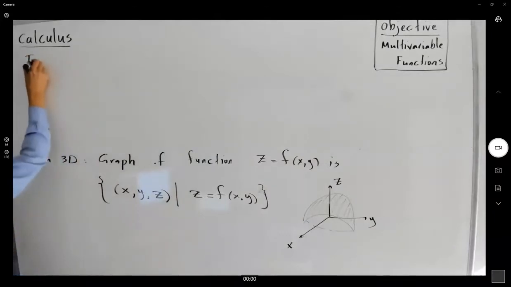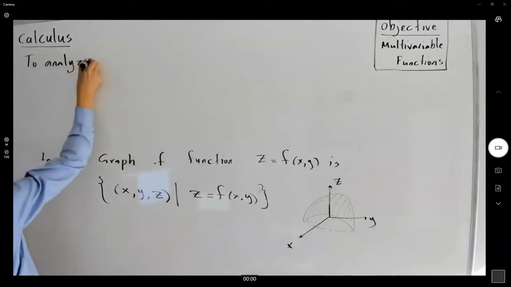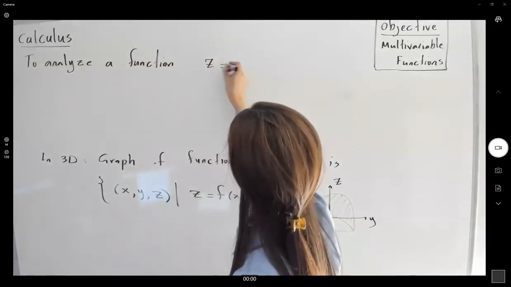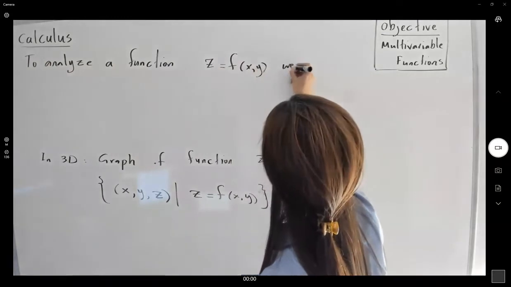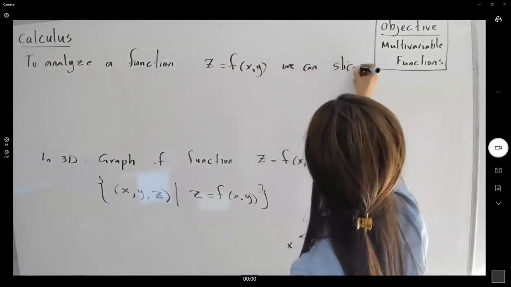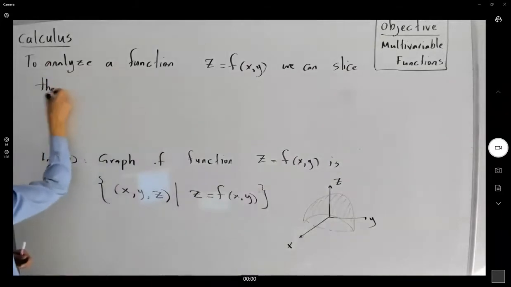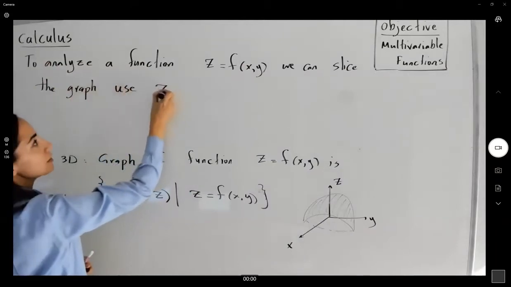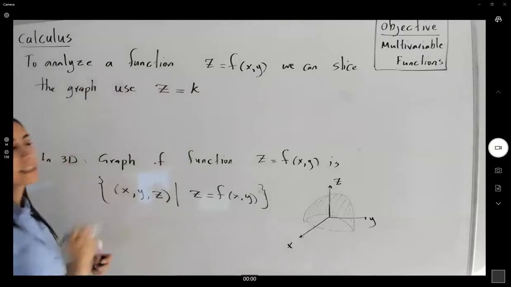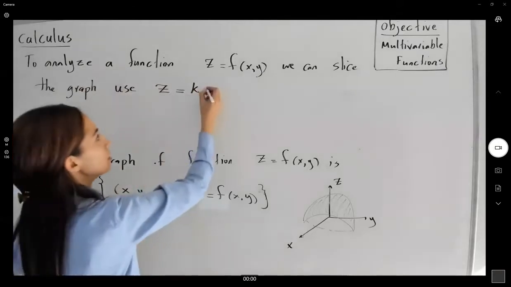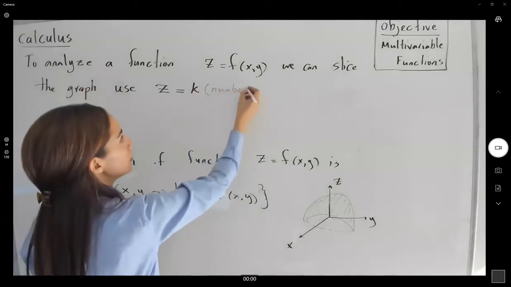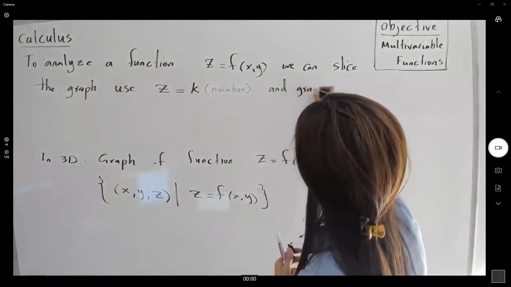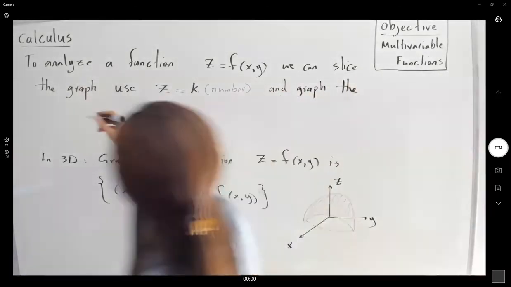So to analyze a function like z equals f of x and y, we can slice the graph using z equals a fixed number like k, just a number, and graph what we call the level curves.